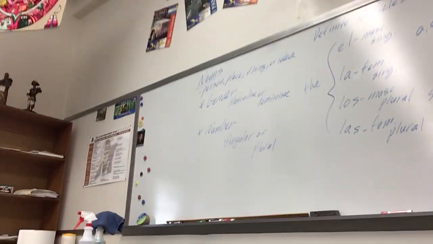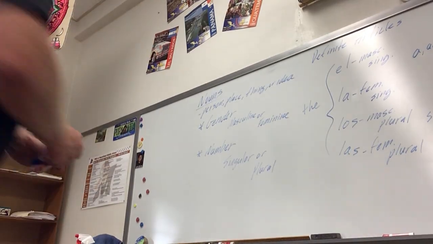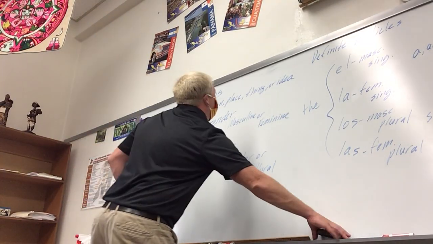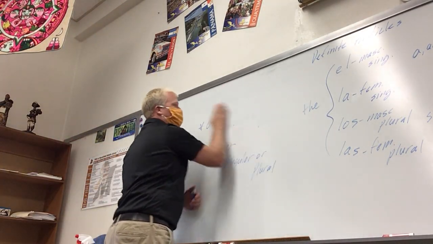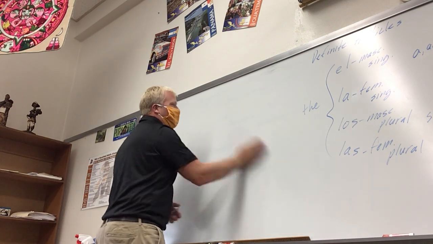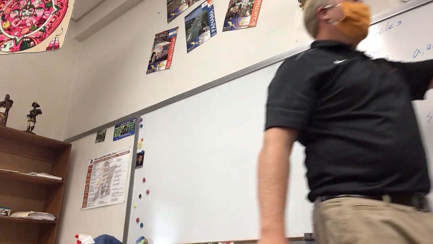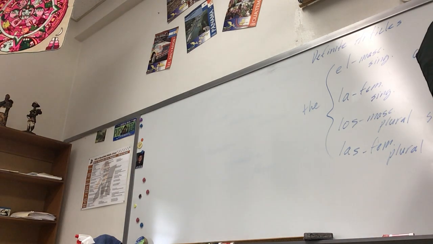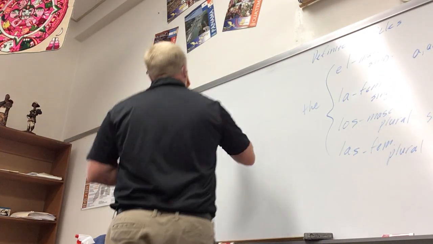One last thing. I'm going to erase something up on the board. Just one last thing. So if you notice on all the notes over there, the nouns to my right, those are all singular things, right? The boy, the girl, the teacher, the teacher. How do we make these plural?